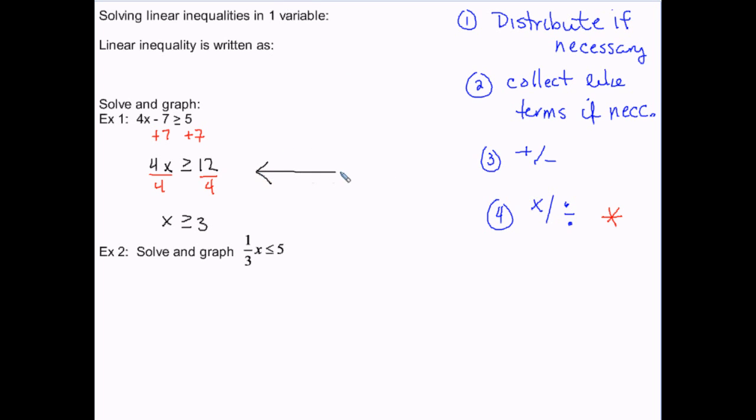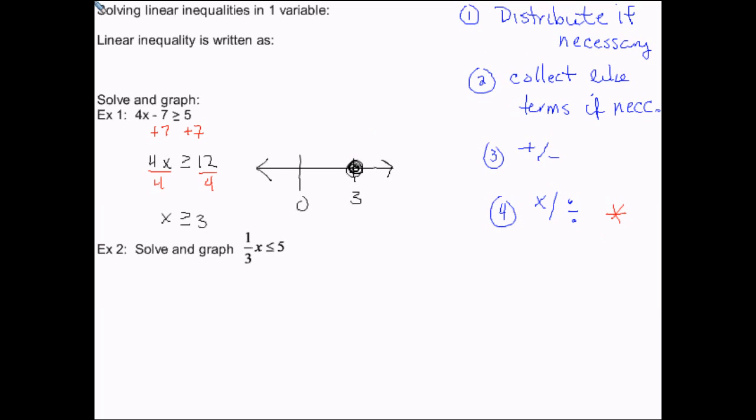It said to solve and graph. Greater than or equal gives me a solid. So we've got our circle that has the equal, colored in, and then greater than is on this side.